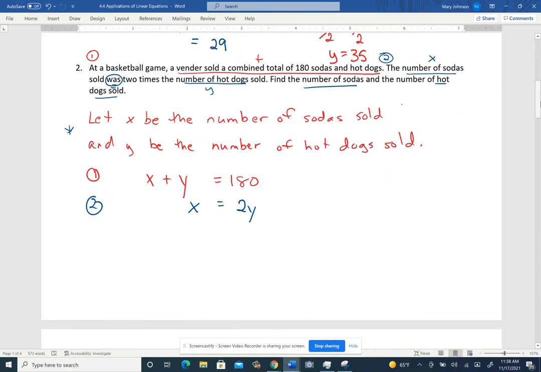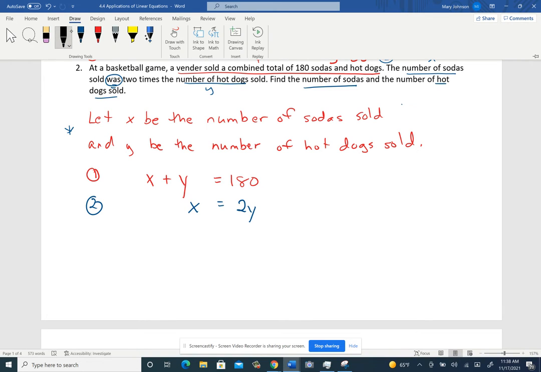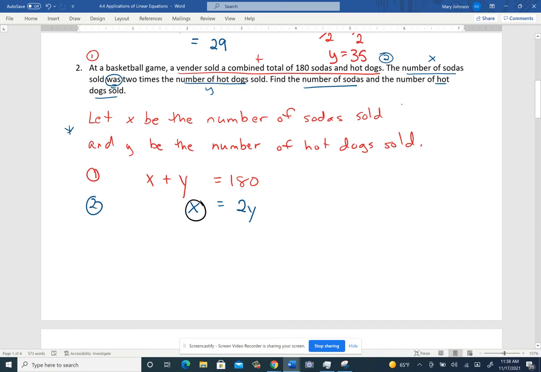All right, so with question number 2, we've got it set up. Again, I see an x by itself right here. So I'm thinking substitution is a good candidate.